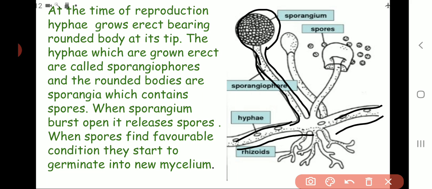Sporangium. That sporangium contains spores. Keep in mind, the sporangium contains spores. When sporangium bursts open, it releases spores. You can observe here. So these are nothing but what? Spores. Upon the bursting of the sporangium, the spores are released into the atmosphere.